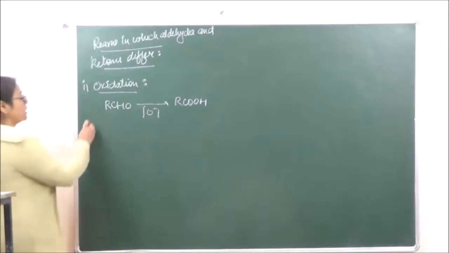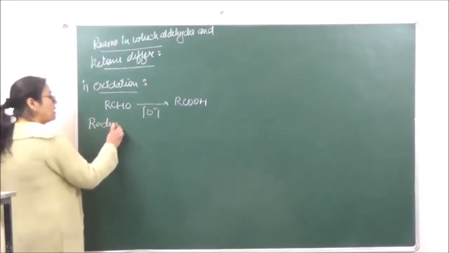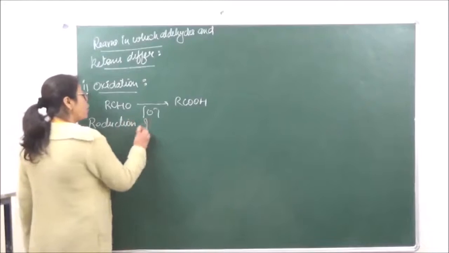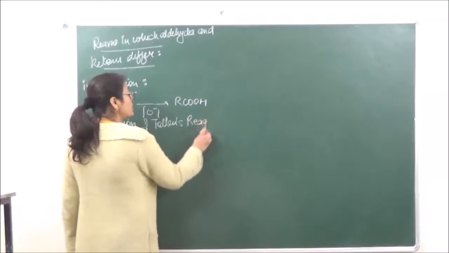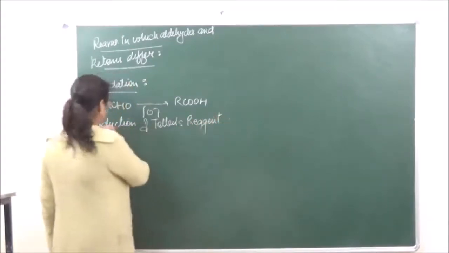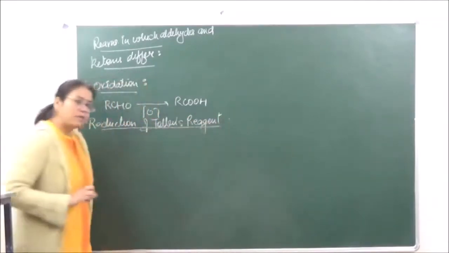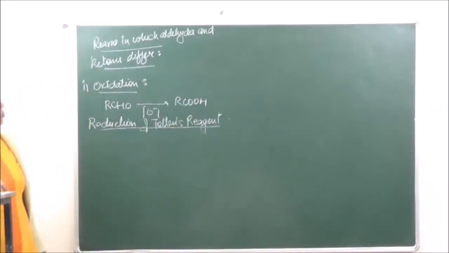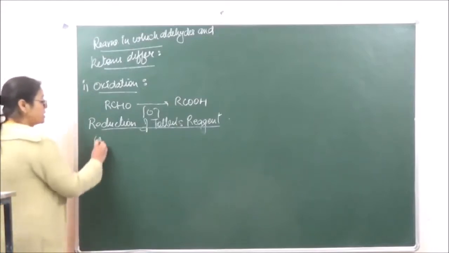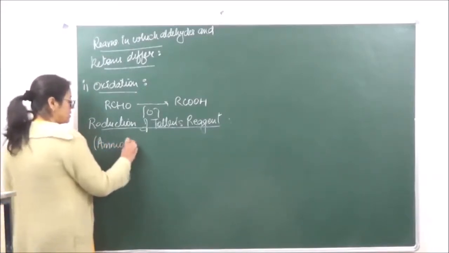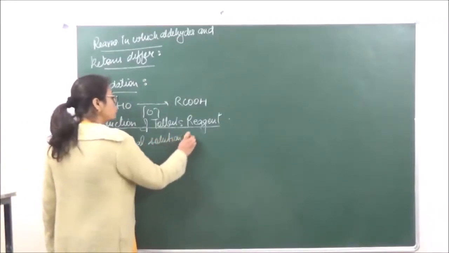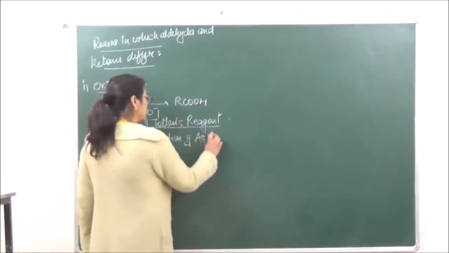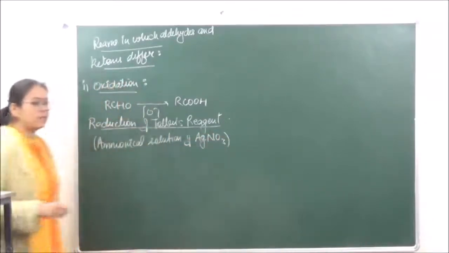So the first one we are going to do is the reduction of Tollens reagent. Tollens reagent is a very mild oxidizing agent, right? So it can be easily reduced by aldehydes. First of all, what is Tollens reagent? Tollens reagent is an ammoniacal solution of silver nitrate.